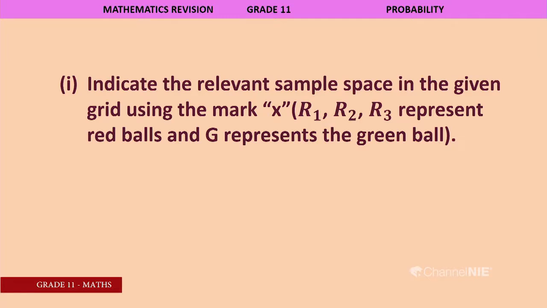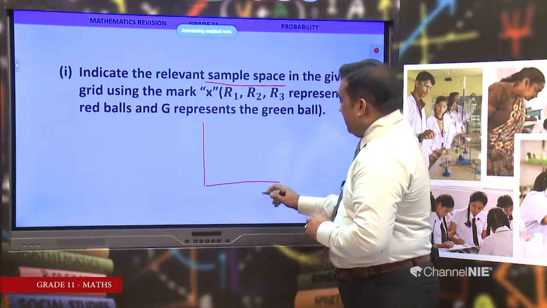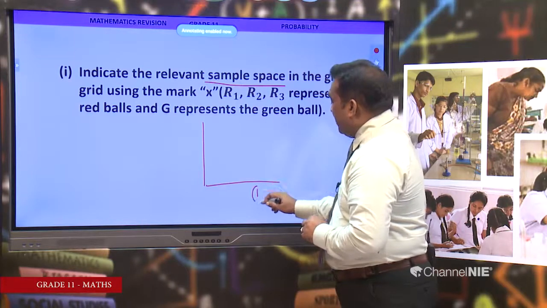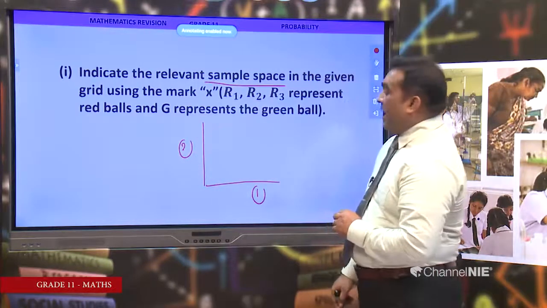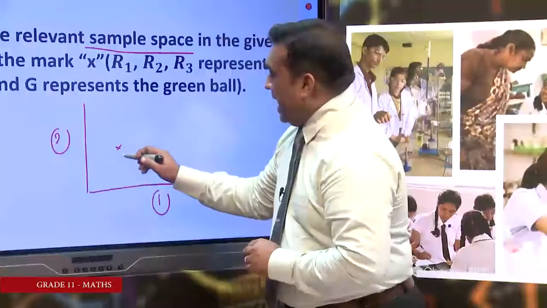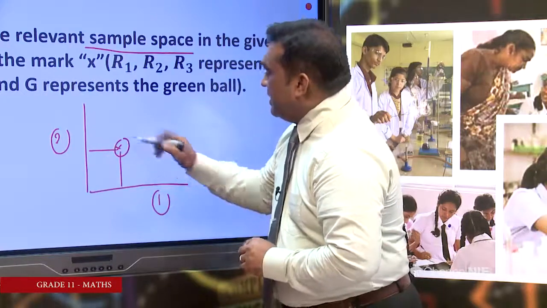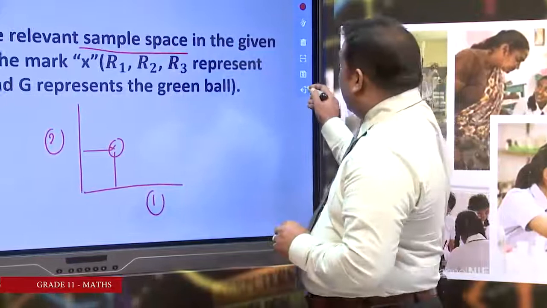There are two perpendicular axes like this: first stage, second stage. You can represent an event on the Cartesian plane like this. This is the event. We'll see how to do it.